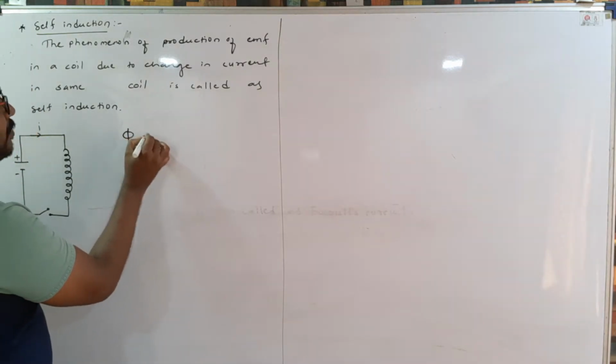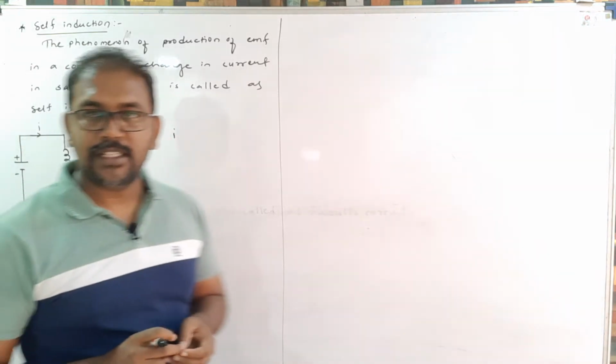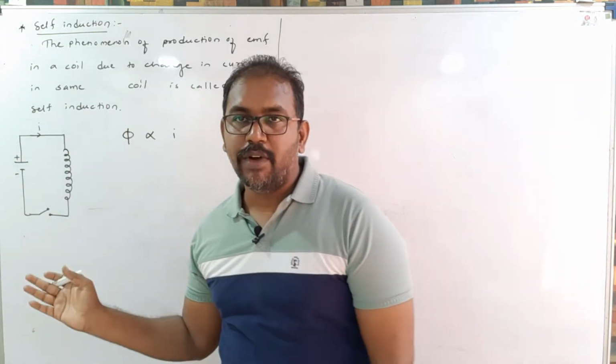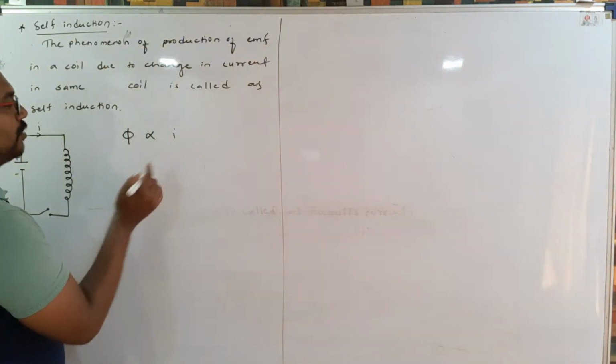And that magnetic flux is proportional to the current. The magnetic flux depends on the current. More the current in the coil, more the magnetic flux. So here magnetic flux is proportional to the current.